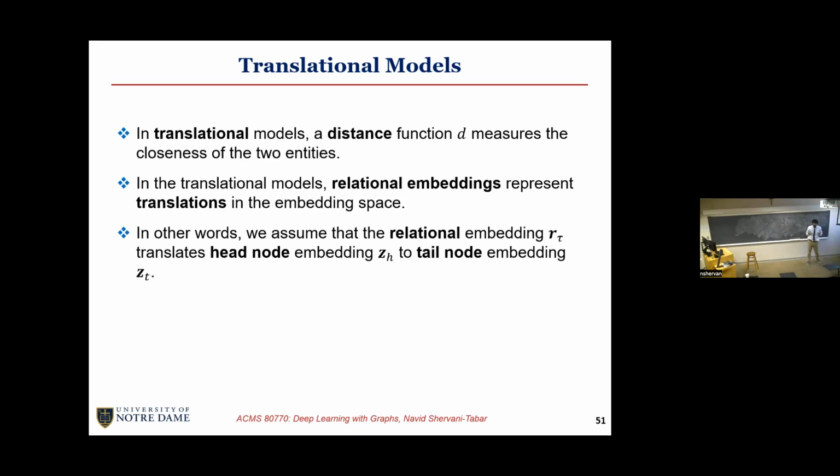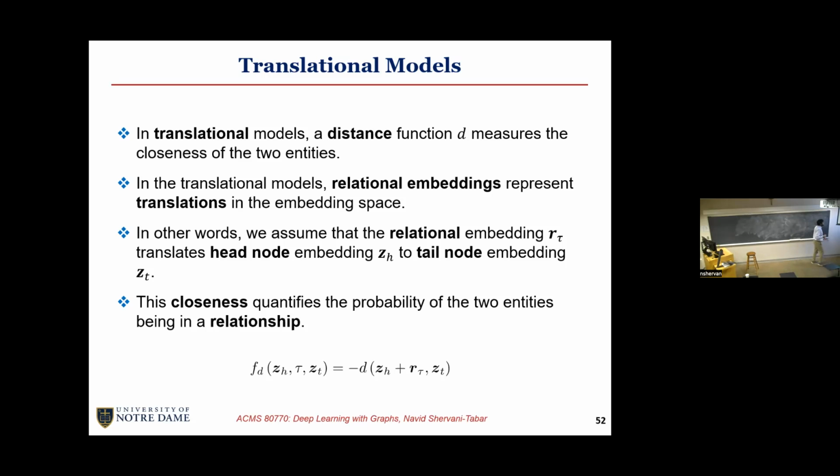Now, what we want to do in this type of translational models is that we want the head node, after translation using the embedding for the relation, basically for the edge, to get as close as possible to the tail embedding.